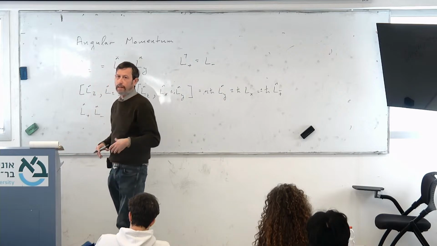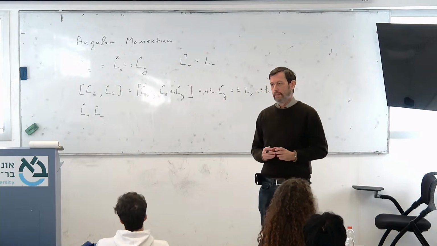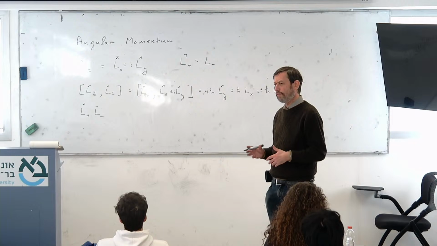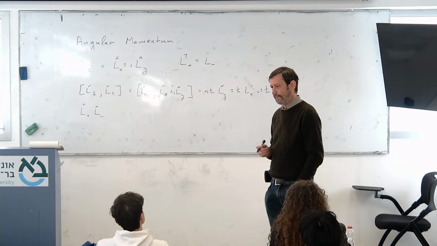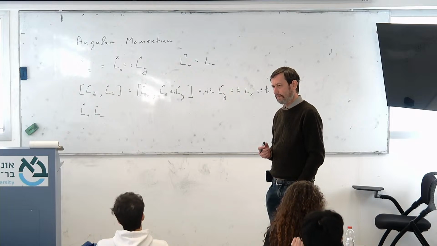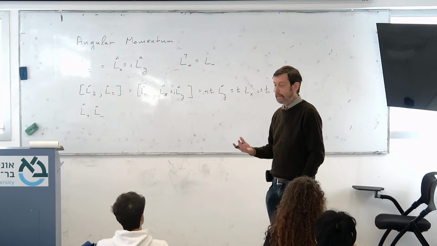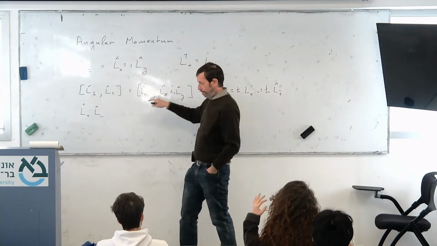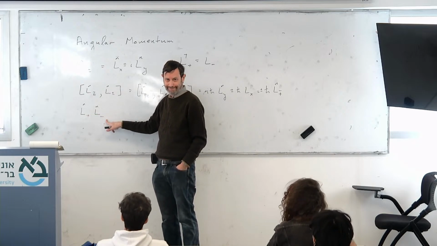L plus times L minus. What would be the equivalent of L plus times L minus in the language of the harmonic oscillator? N. N, exactly. Why? Again, these two are non-Hermitian, but multiplication of them will be Hermitian.